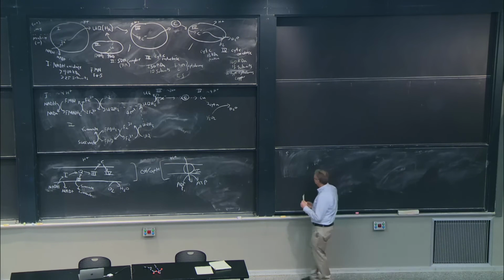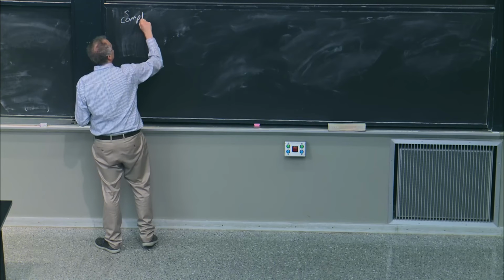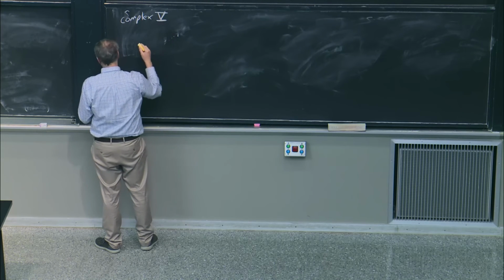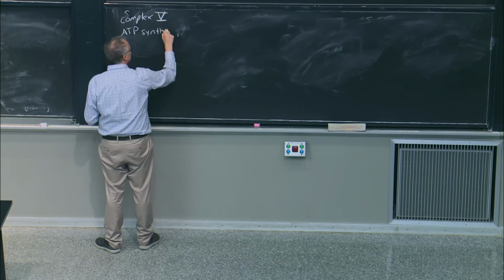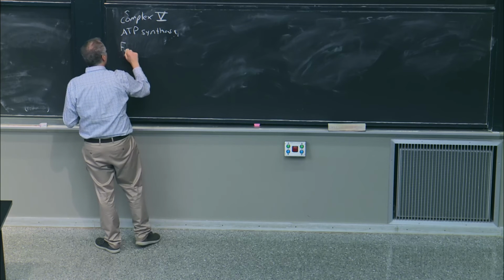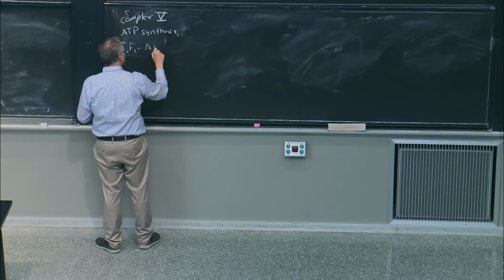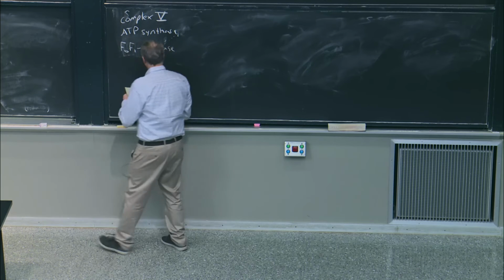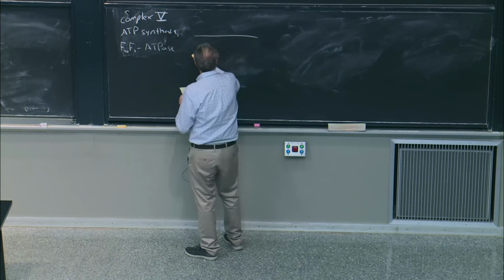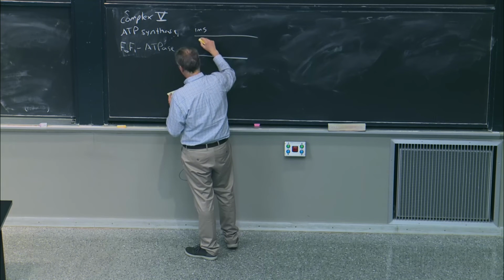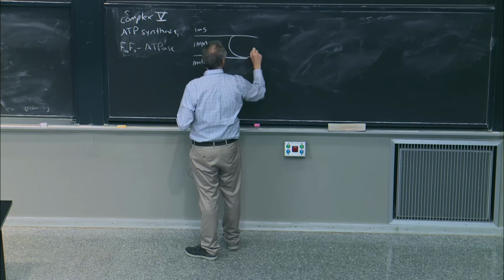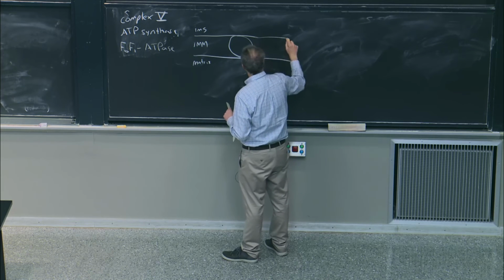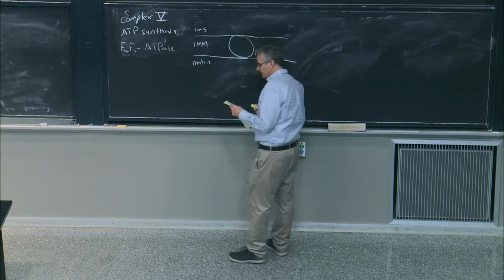And this so-called complex 5 is also referred to as the ATP synthase or the F0, F1 ATPase. And basically, if this is the intermembrane space, this is the inner mitochondrial membrane, this is the matrix, you have a protein complex that sits within the membrane called F0.